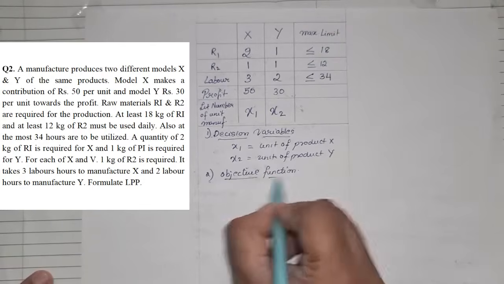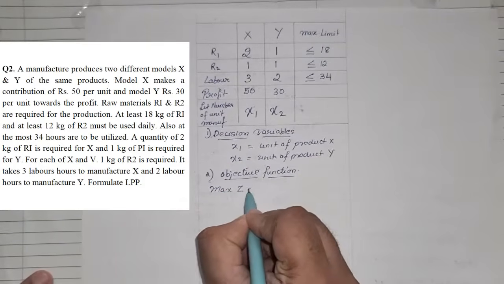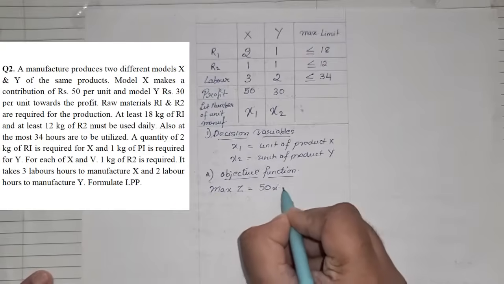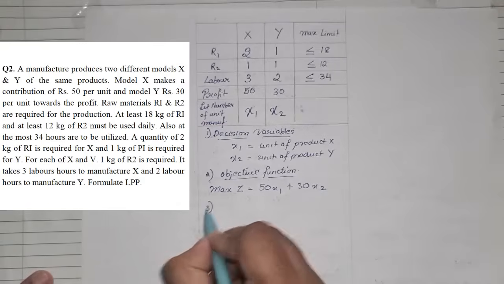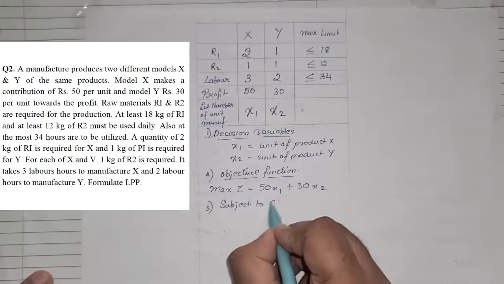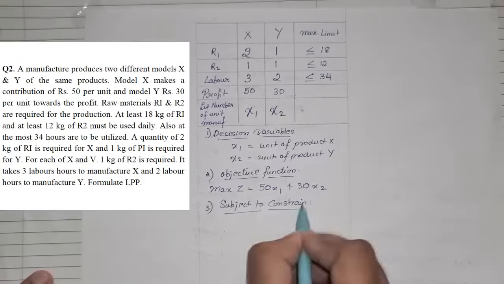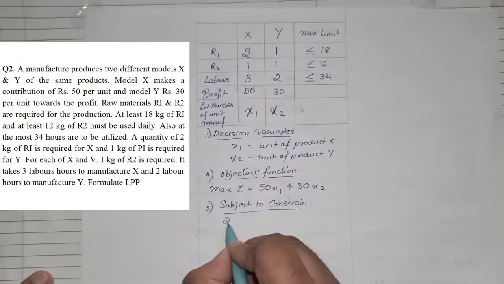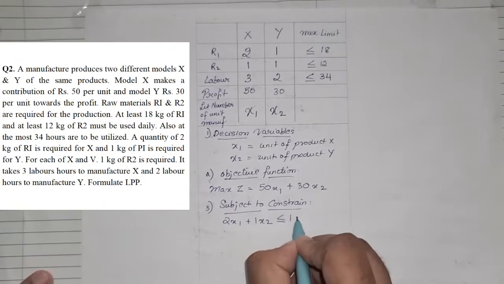Okay, since it is profit related, it's a maximization sum, so we write max Z equals 50x1 plus 30x2. Third, subject to constraints. We have 2x1 plus 1x2 less than or equal to 18.